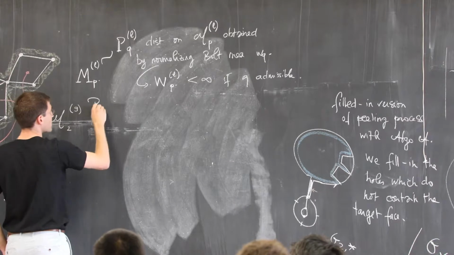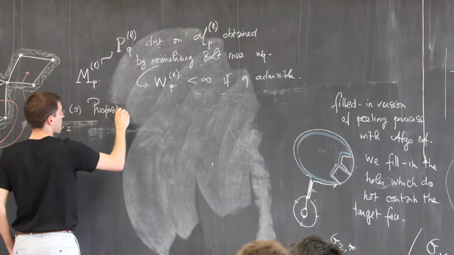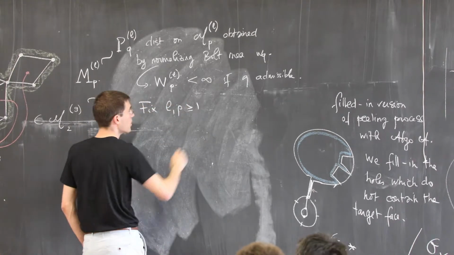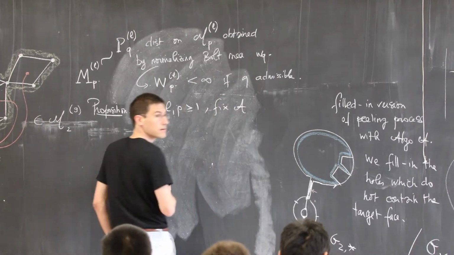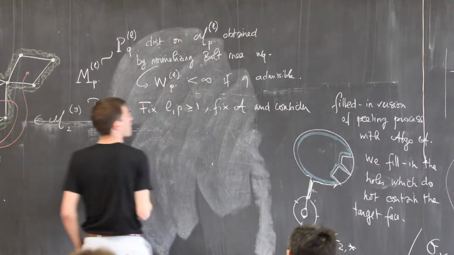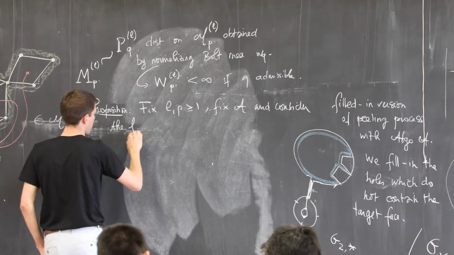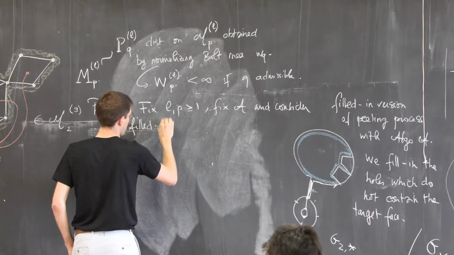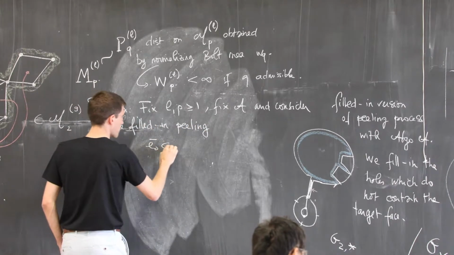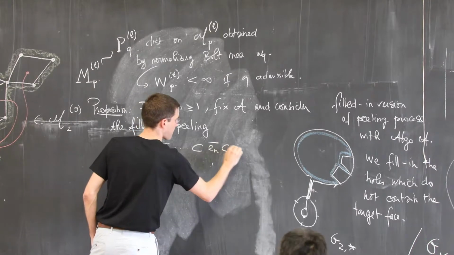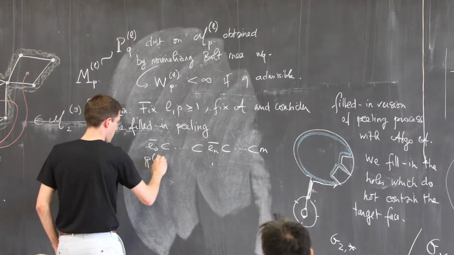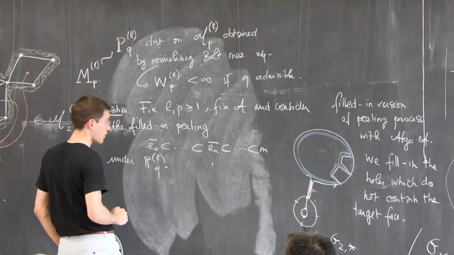Here is the proposition, very similar to yesterday. Proposition: you fix L and P larger than 1. You fix an algorithm A, and you consider the filled-in peeling E_0 up to E_n of M under P_{L,P}^Q.